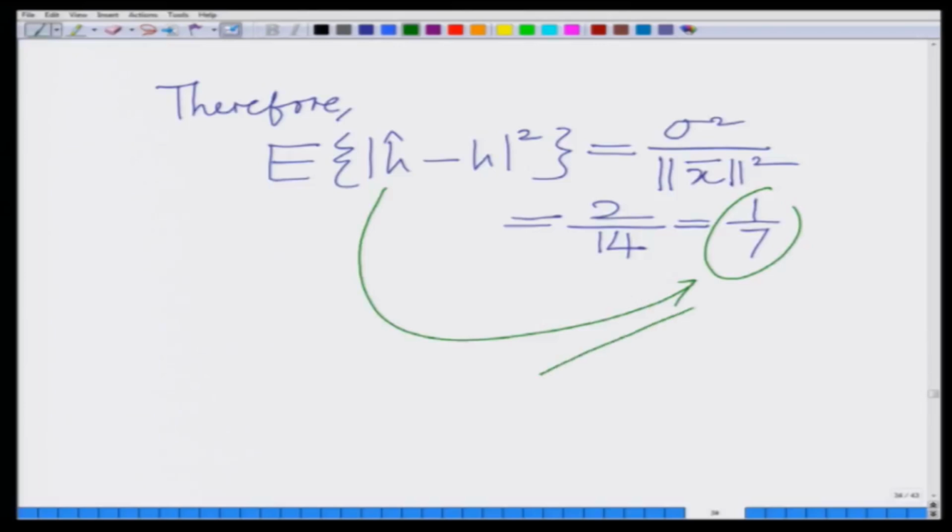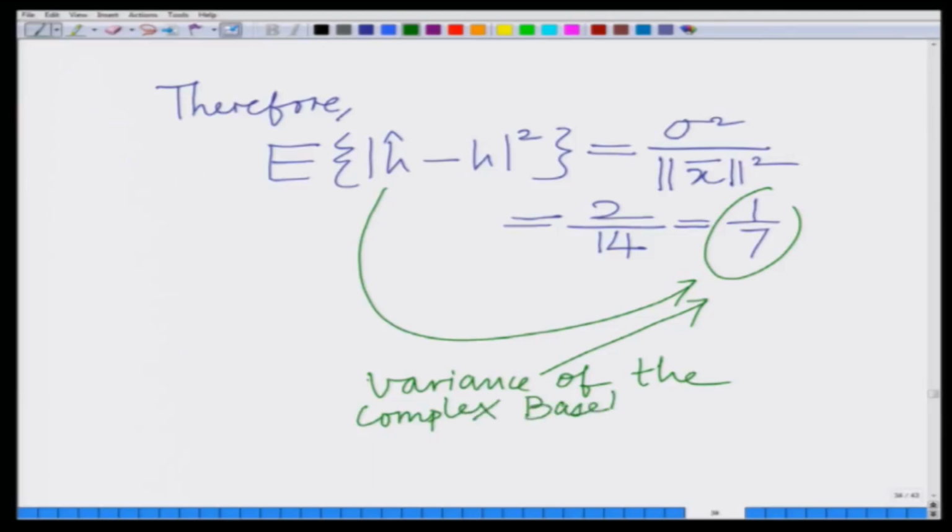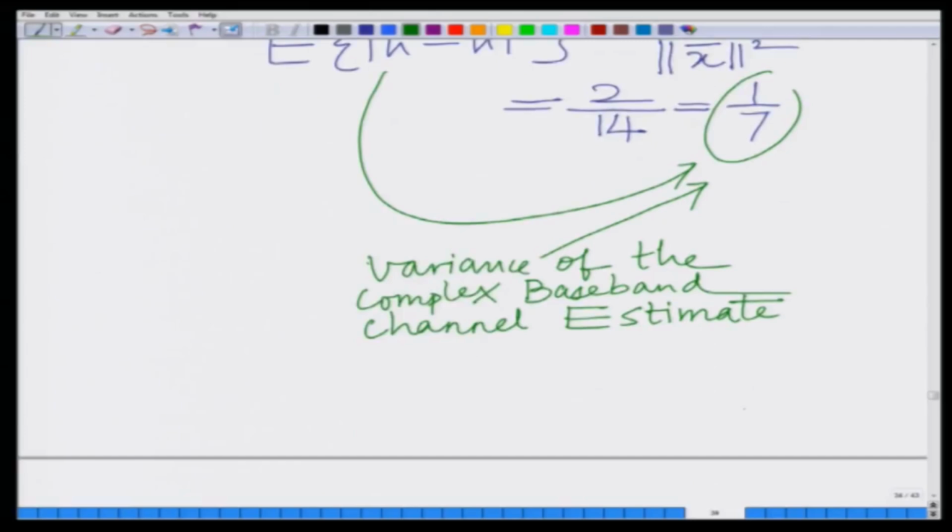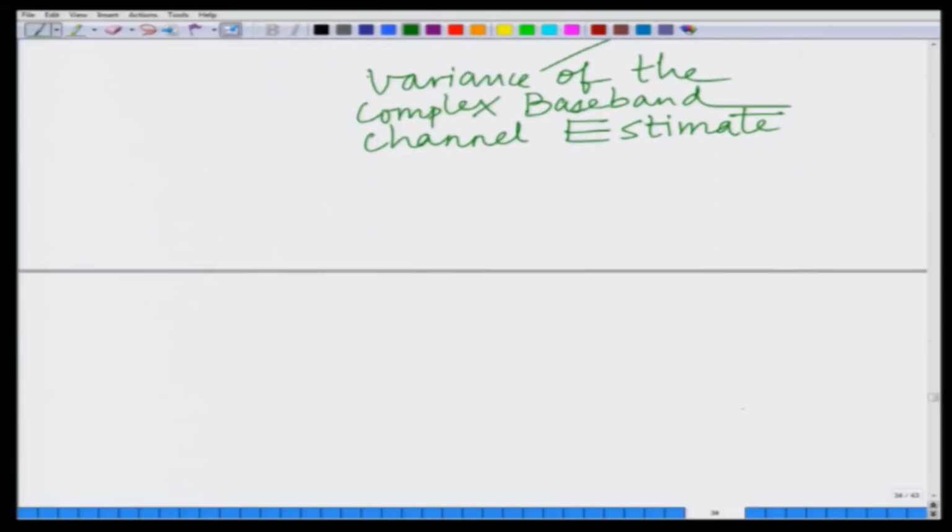This quantity is basically the variance of the complex baseband channel estimate.